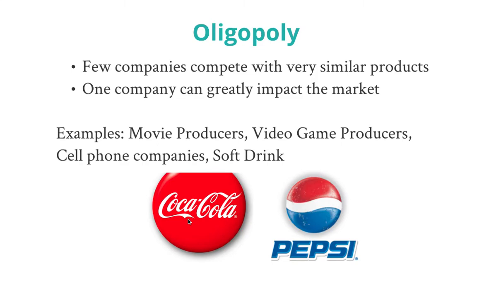The competition for Sprite is Sierra Mist or 7-Up. Sprite is owned by Coke. Sierra Mist, 7-Up owned by Pepsi. They have a complete lock on sodas, and they're in direct competition with one another. If one of them went out of business, it would greatly impact the soda market.